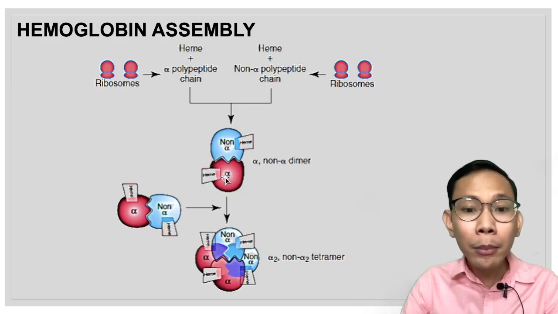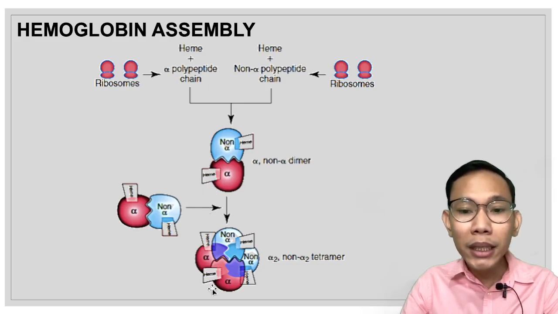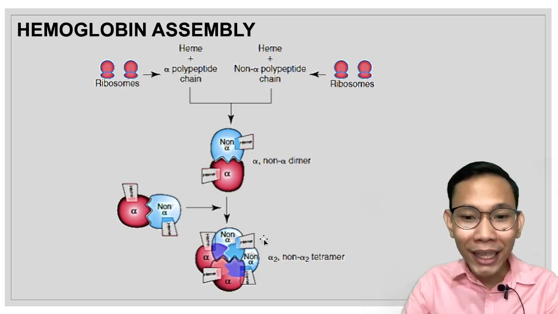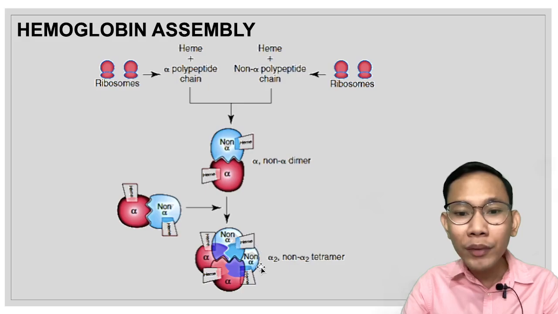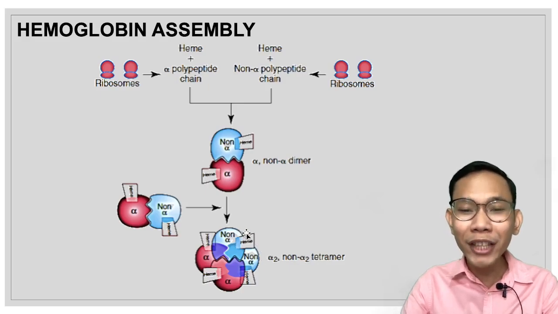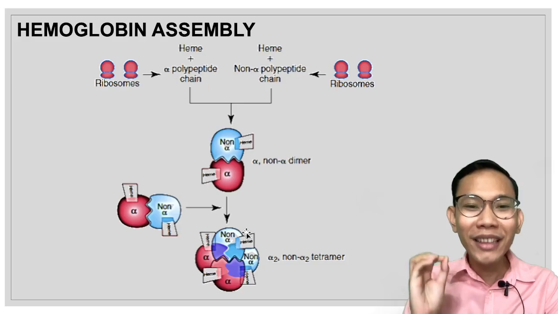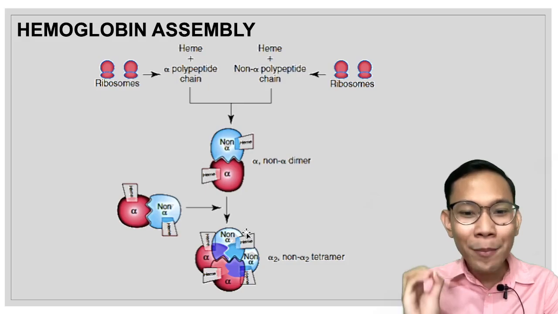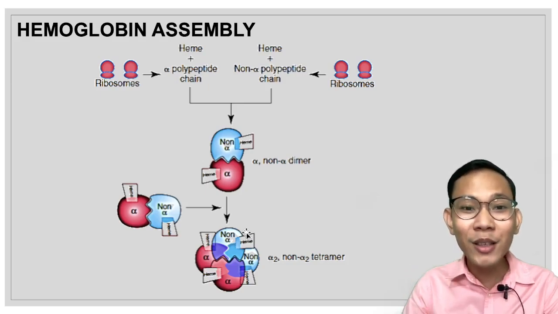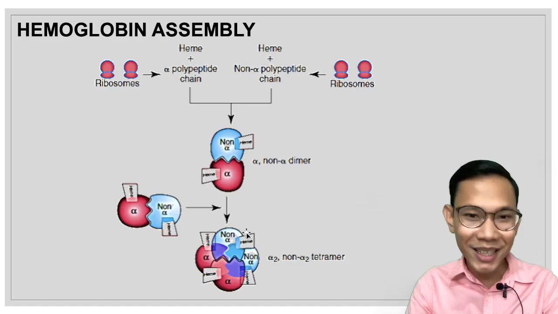So another dimer, magko-combine ng isang dimer and another dimer, and magiging tetramer. Very good. Meron na tayong 4 na heme, meron tayong 4 na globins, meron tayong iron sa bawat heme, and each of that iron is capable of attaching 4 oxygen. That is how our hemoglobin assemble. That's a very basic way for me to discuss your hemoglobin synthesis.